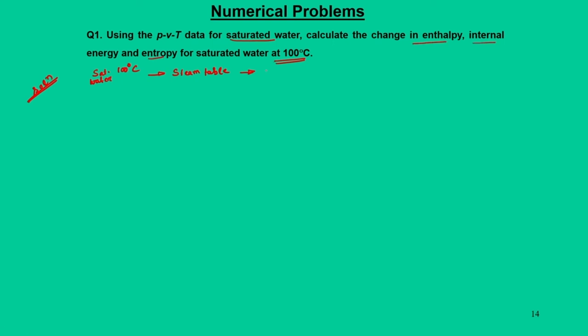At 100 degrees centigrade, Hg minus Hf is 2257 kilojoule per kg, Ug minus Uf is 2087.6 kilojoule per kg, and Sg minus Sf is 6.048 kilojoule per kg Kelvin.